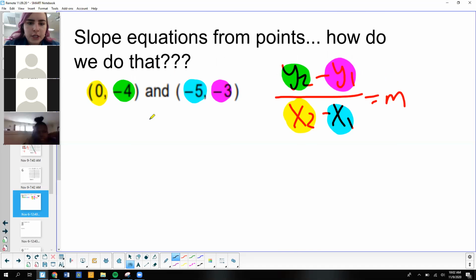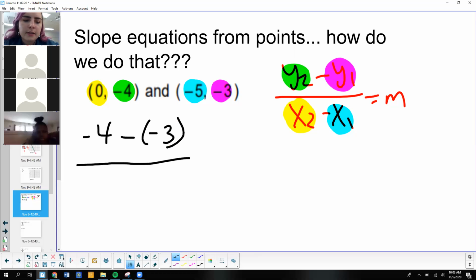All right, so I tried to color coordinate a little bit differently. Our y2 is going to be -4 minus our y1, which is -3. So minus -3, divided by x2, which is 0, minus x1, which is -5.